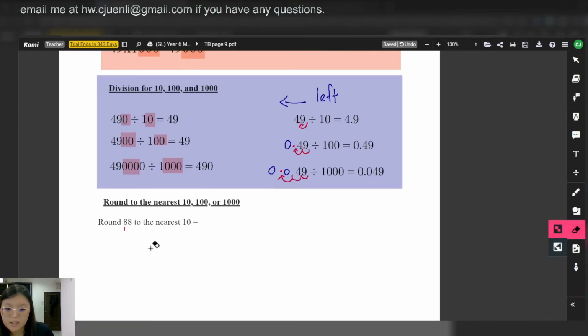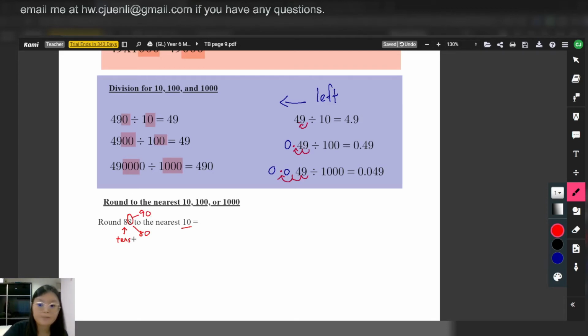Like I mentioned in the previous video, I also told you guys to draw an arrow to that digit itself. So this is your tens because we're looking at 10 right over here, right? So in this number, we have 80 for tens, and we also have 90 if we go slightly bigger.